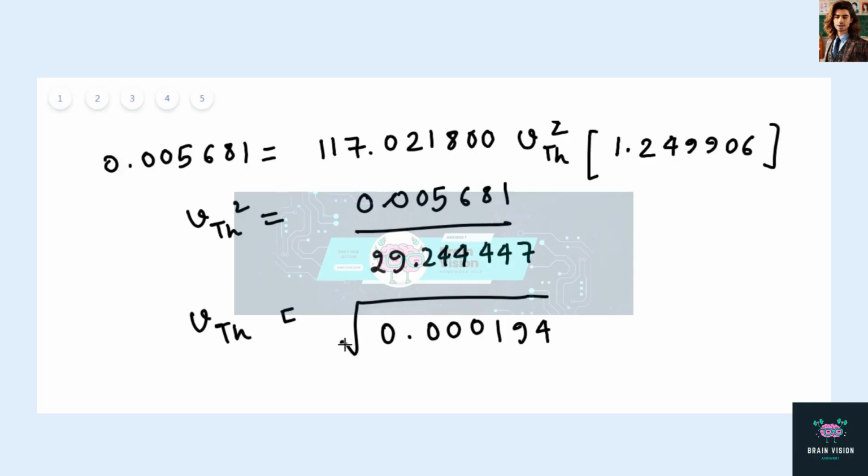If we take a square root here, what do you get?